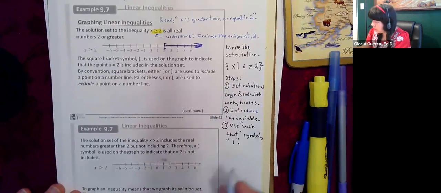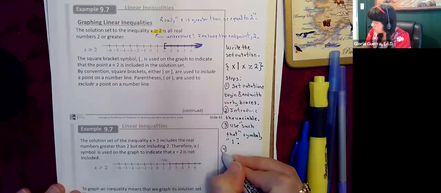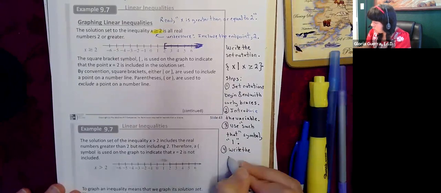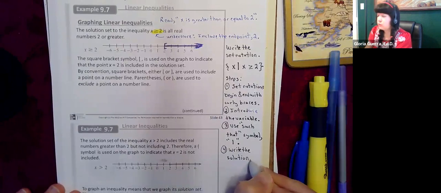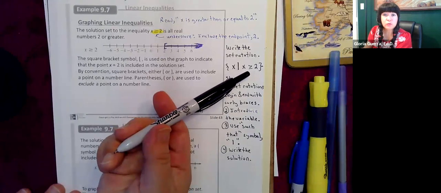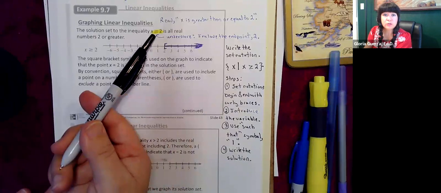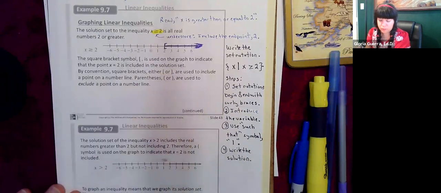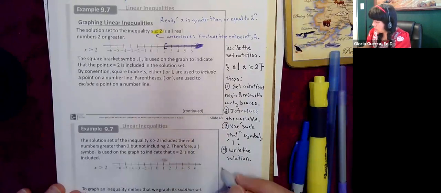And then you write the solution. The solution was X is greater than or equal to 2. So you see the solution set. You write that, and then you close the curly brace.